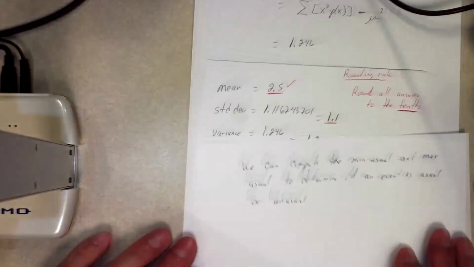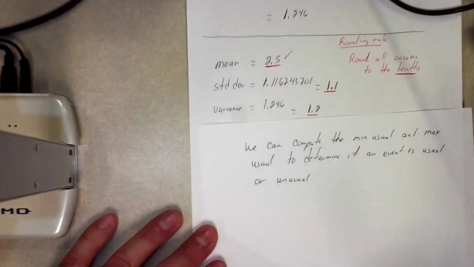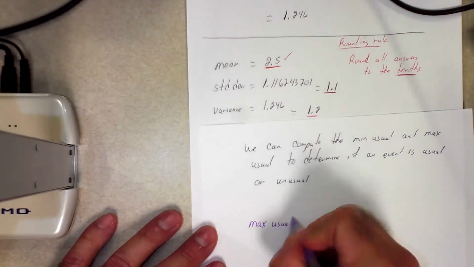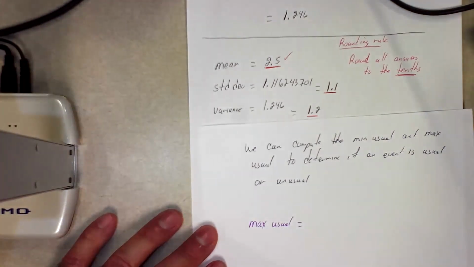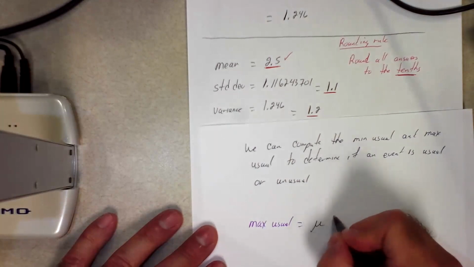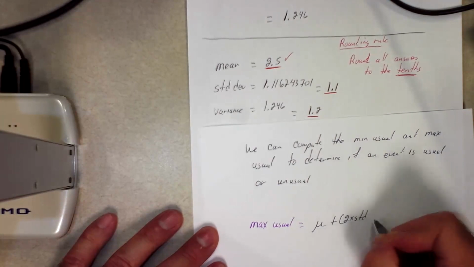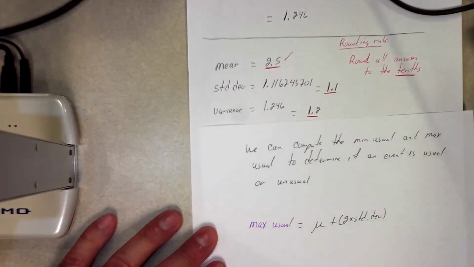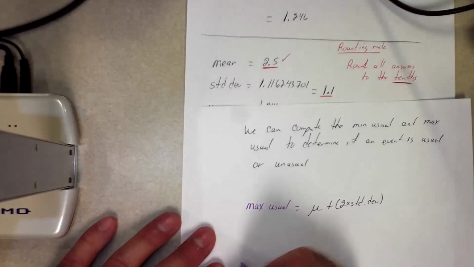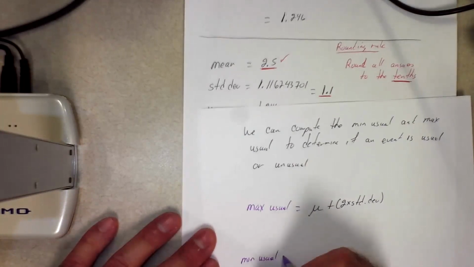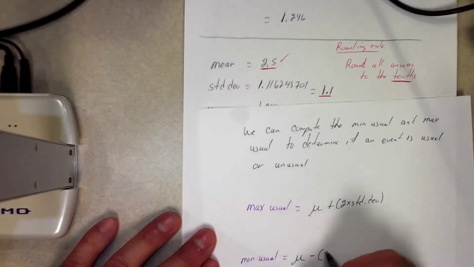Right. So as you recall, our max usual was computed by using this formula: mu plus 2 times the standard deviation, and the minimum usual was computed by mu minus 2 times the standard deviation.